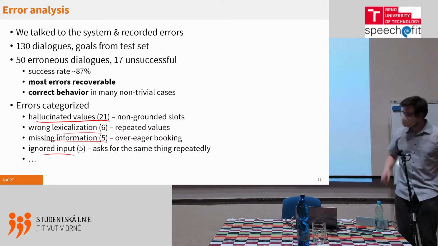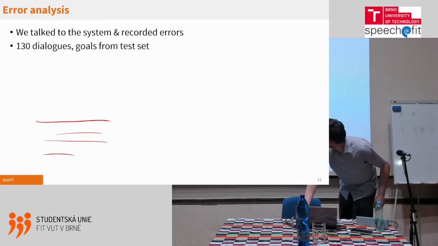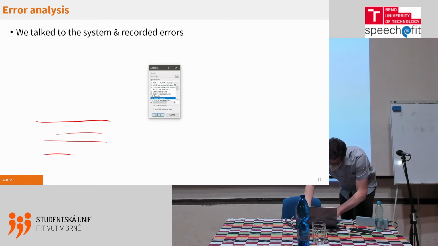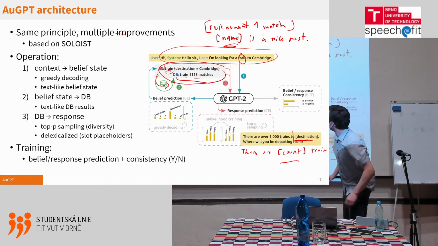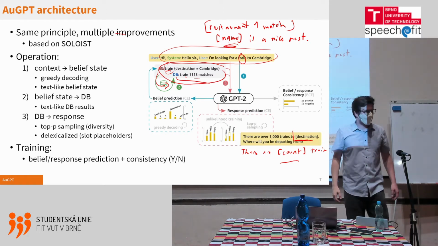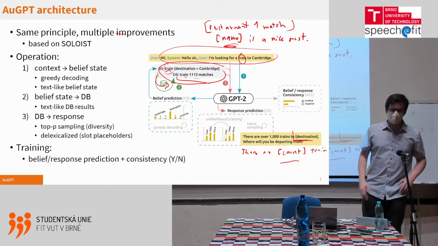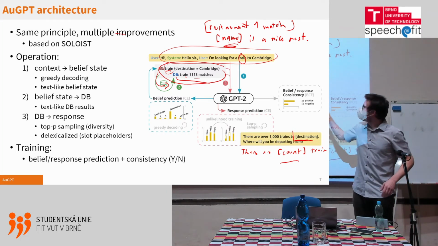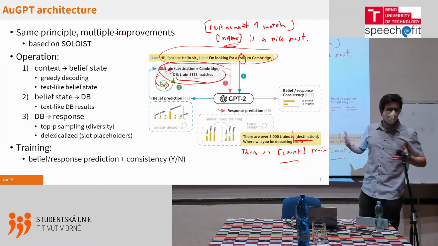So basically, when you query the database, in this case, you would actually also do the booking, and the database would basically tell you whether the booking was successful or not. So it's also kind of external to the system. But you need to enter the correct parameters for the booking.